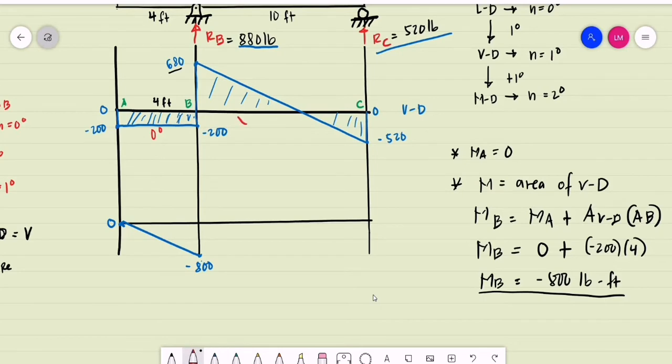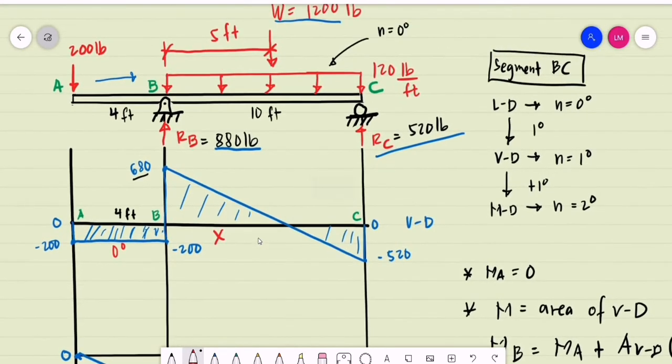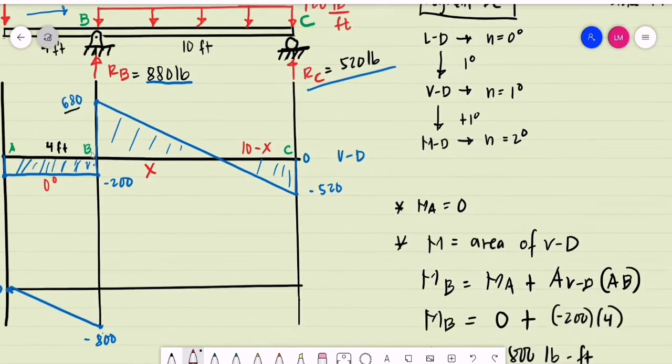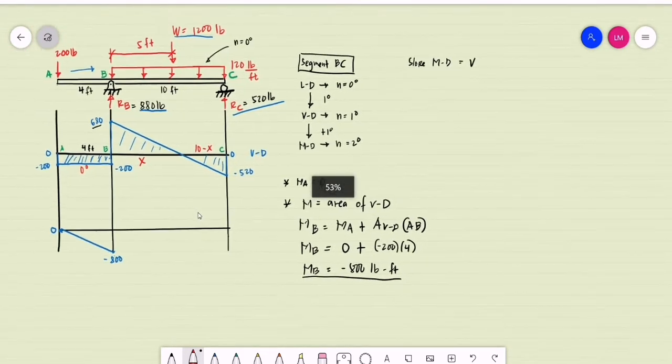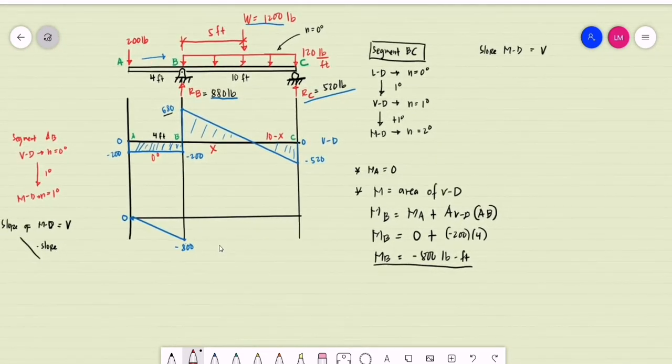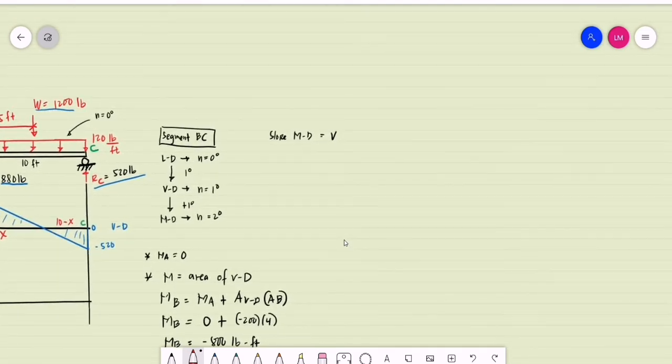Our next area, from the shear, we don't know this distance. Let's say this distance is x. So if segment BC is 10 feet, the remaining distance is 10 minus x. So we can have it by ratio and proportion using similar triangles.